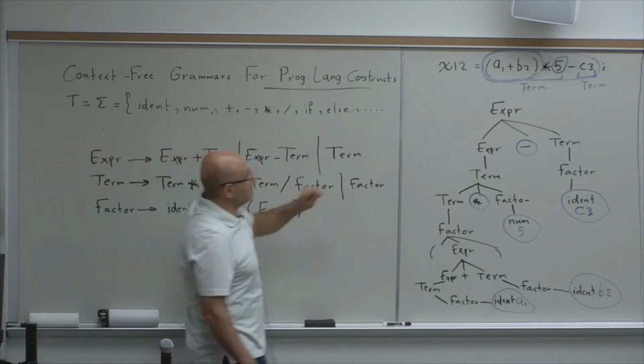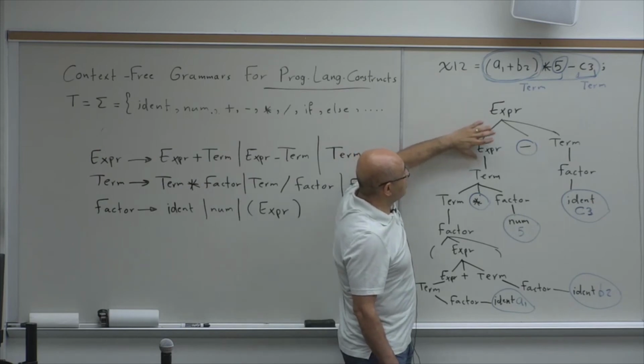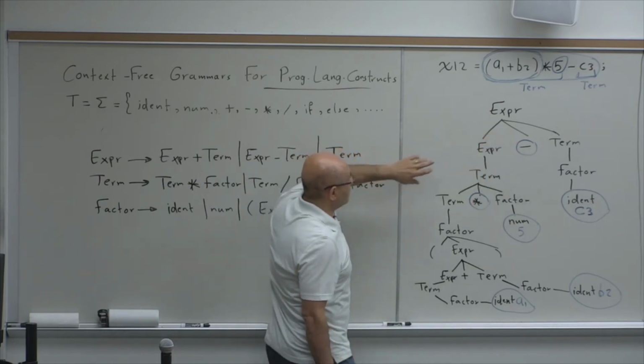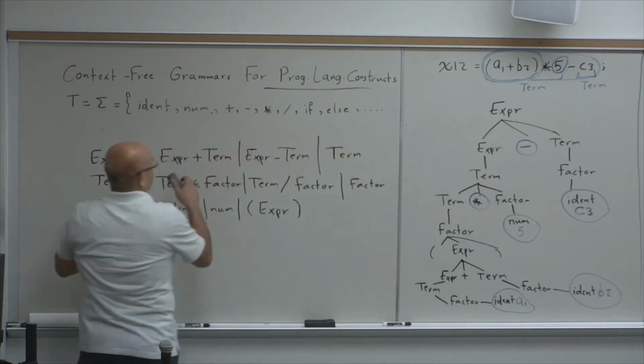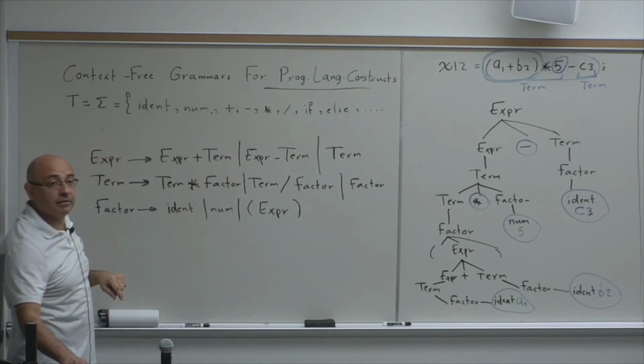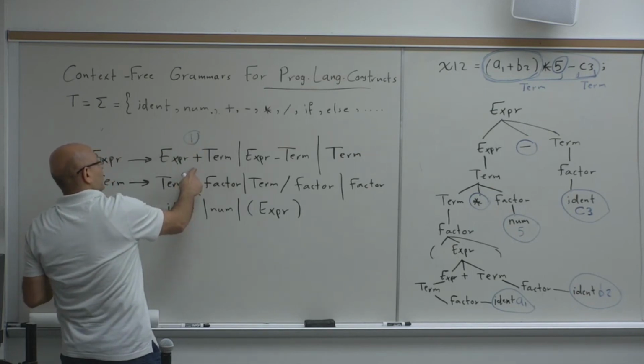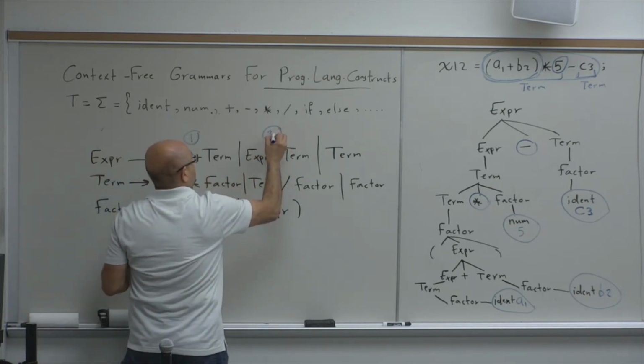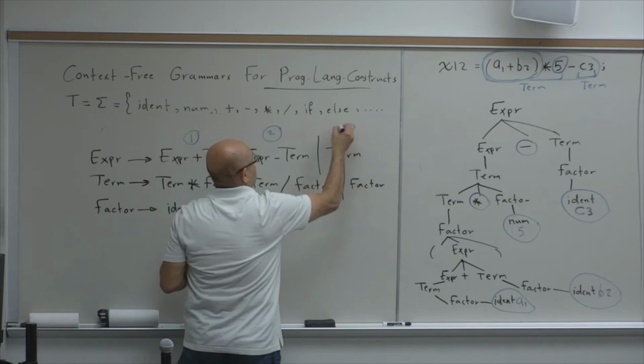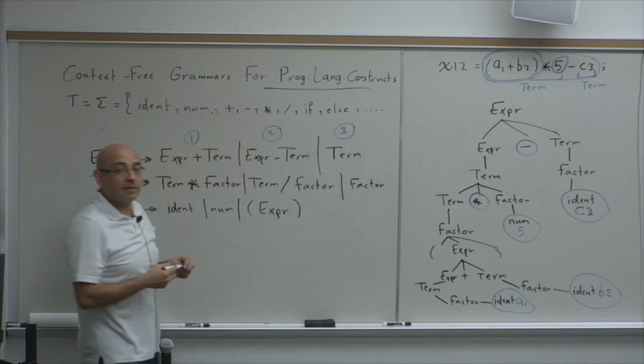So we did expression, then we made a choice to do expression minus term. On this level, how many options did we have? We had 3 options: either expression plus term, or expression minus term, or term.